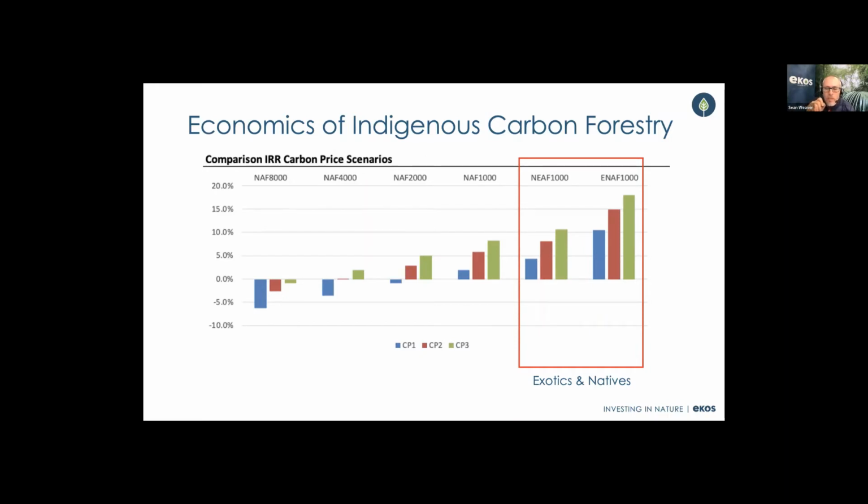And then CP3 is starting at today's carbon price, but rising at $8 a year every year across a 50-year cash flow, which is a pretty aggressive kind of crystal ball projection. Although at the moment, the government price controls have the carbon price rising at about $8 a year, but whether that can be sustained every year for 50 years is quite another matter.